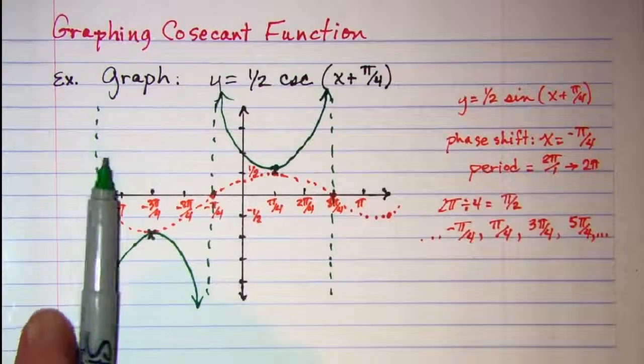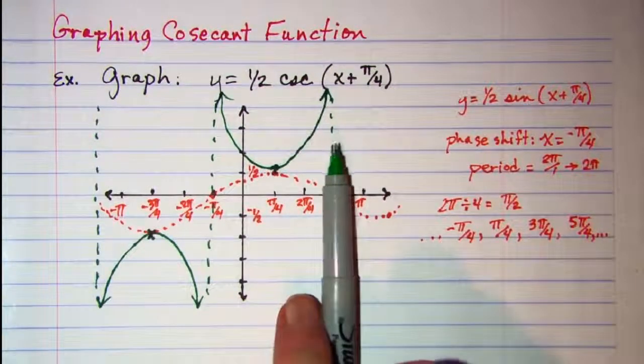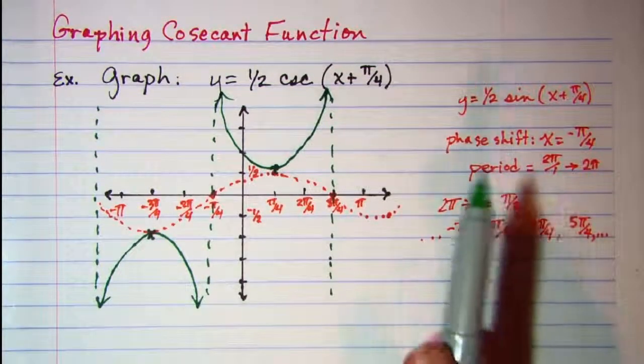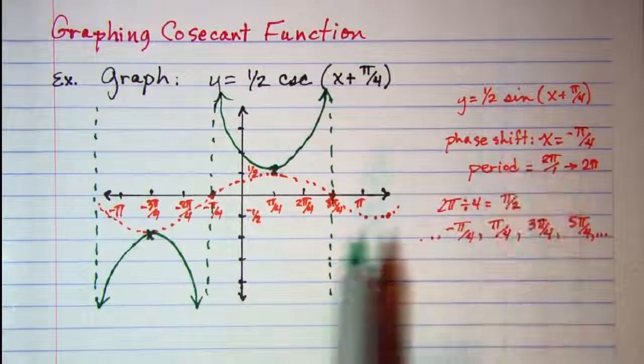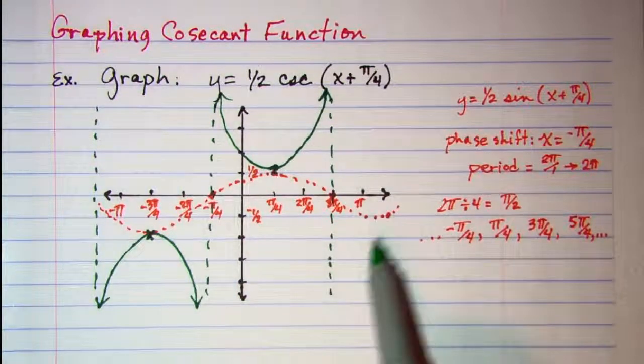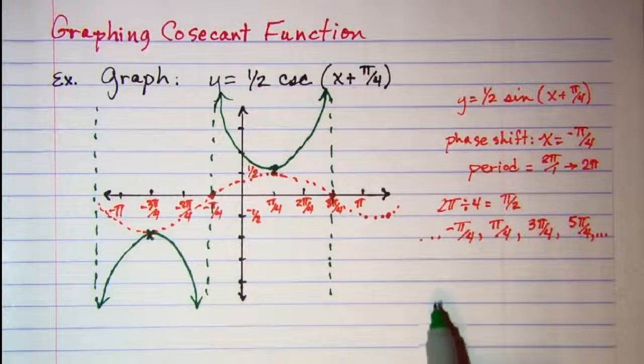And from this asymptote to this asymptote is 1 period of my cosecant curve, because then it would start over here with a curve that opens down.